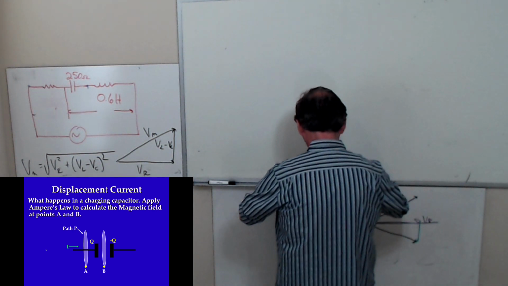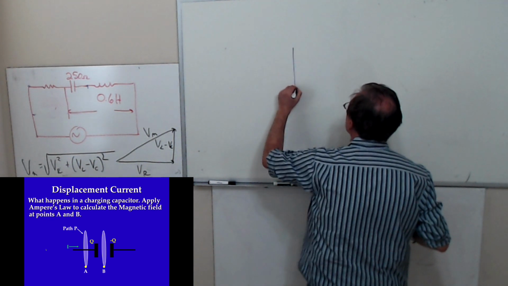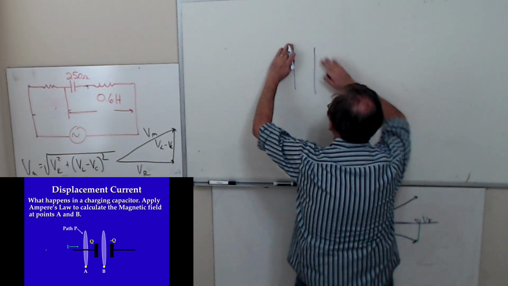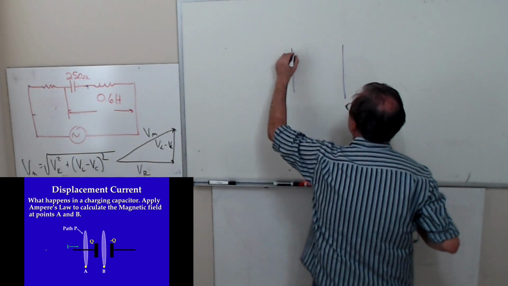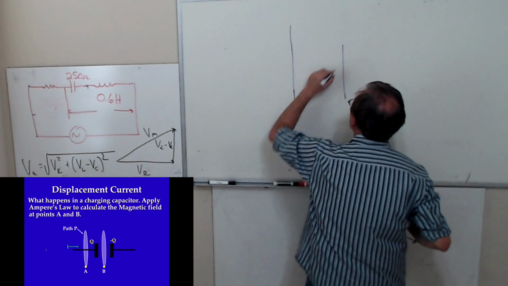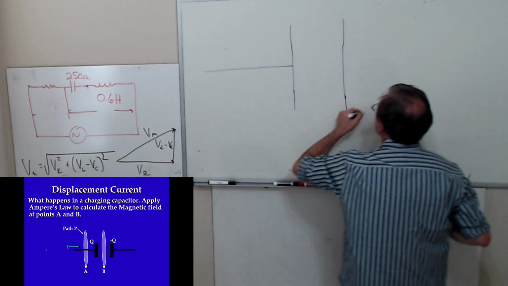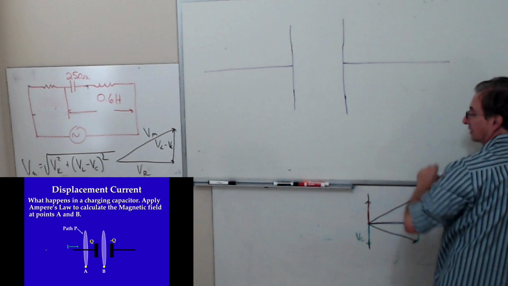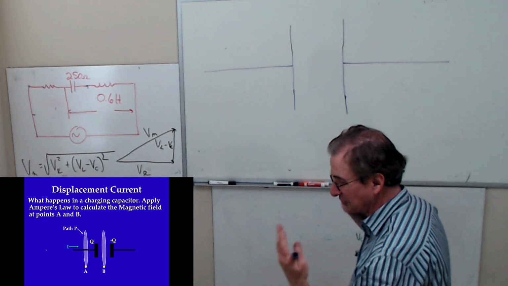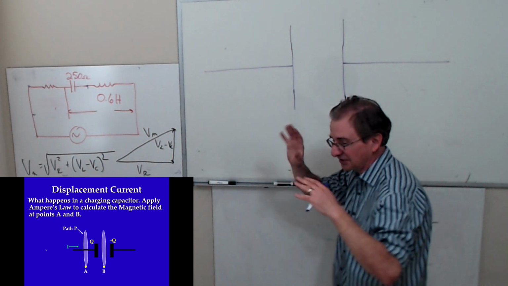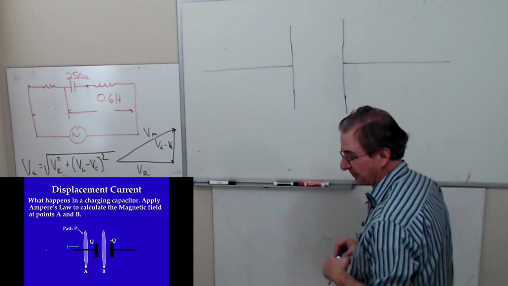So suppose I have a capacitor. Let me spread these plates out more. And I'm charging the capacitor. Let's say it's charging slowly as I talk about it. There's a big resistor here that makes the RC time constant big.